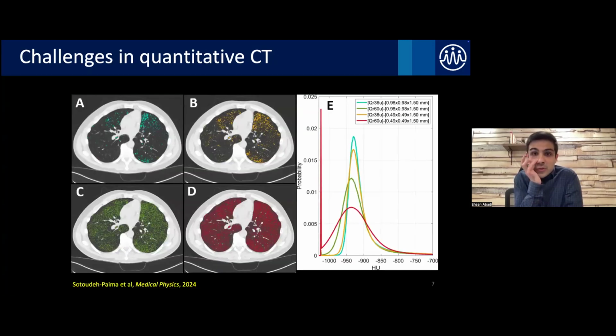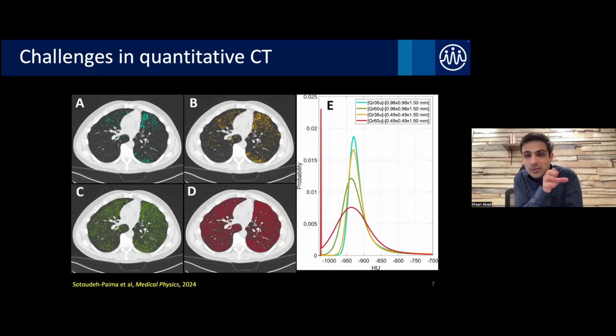Let me give you a visual example. This is a CT image of one patient for one particular scan. The only difference in the four images is that the patient was reconstructed with four different conditions: two different reconstruction kernels and two different voxel sizes. The histogram you're looking at is the histogram of the lungs for these four images.